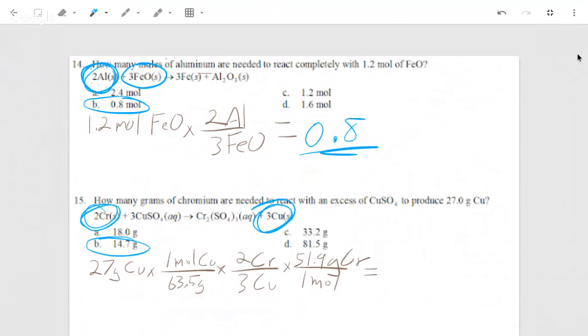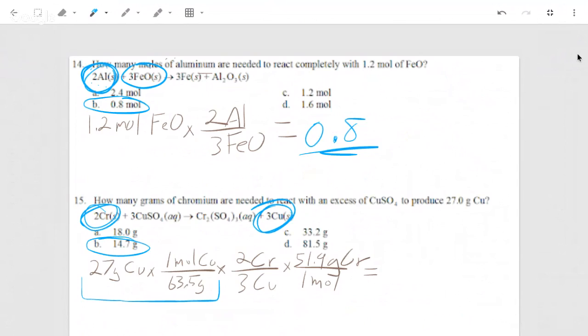Number 15 is a little more advanced. This is a stoichiometry problem. I think there's 1 or 2 of these on the final. You get grams and you're converting to grams of something else. In this case, it's 27 grams of copper. The first step is converting it from grams of copper to moles of copper. That's the very first thing you've got to do there.